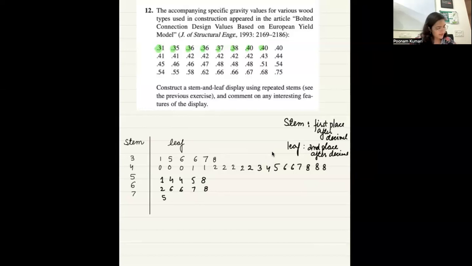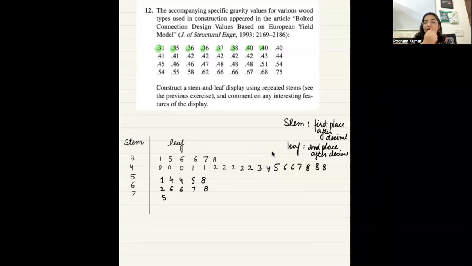Is that all right? Ma'am, in case of, for example, 5.35, we will take it as 535 and then segregate into stem and leaf. So most of the time, whenever you see data that you have to make a stem and leaf from, it will be of a similar pattern. Yes, ma'am. Meaning it will have similar digits, not too many differences in digits.